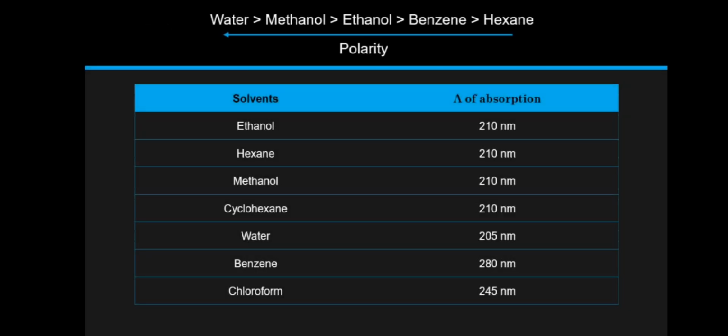The relation between polarity and wavelength of absorption maxima is that as polarity decreases, the absorption maximum, that is lambda max, increases. 90% ethanol is the most commonly used solvent. The order of polarity of different solvents used in spectroscopy is that water is greater than methanol, greater than ethanol, greater than benzene, and then hexane. From this relation, the absorption maxima of some solvents is given.